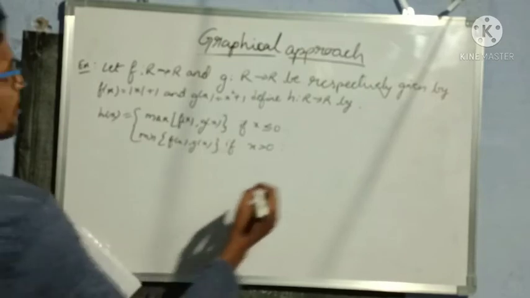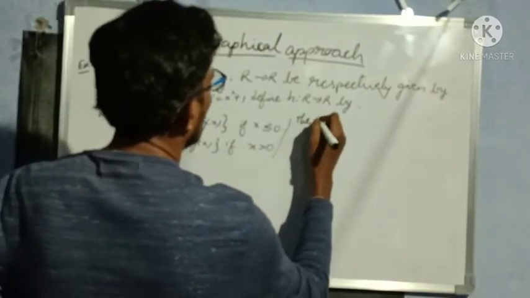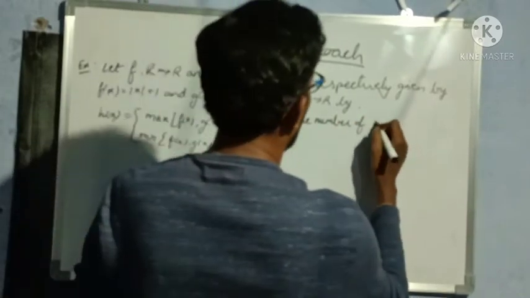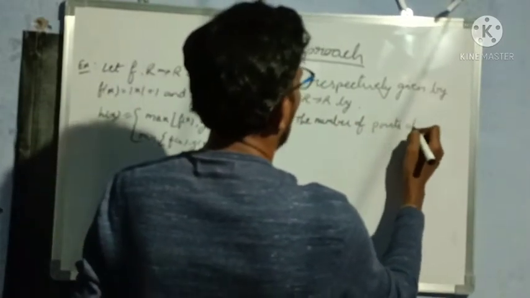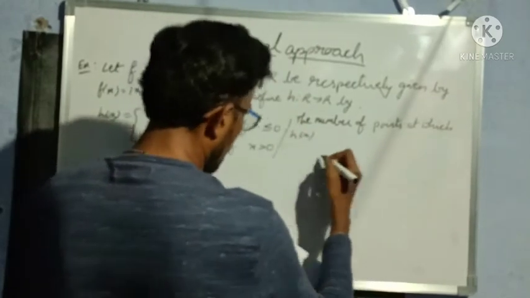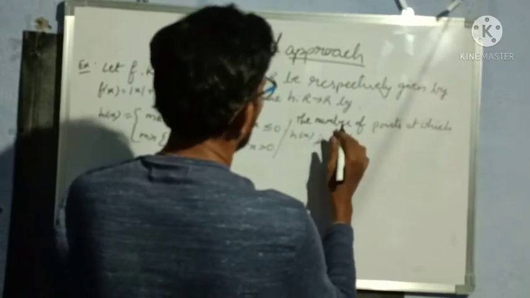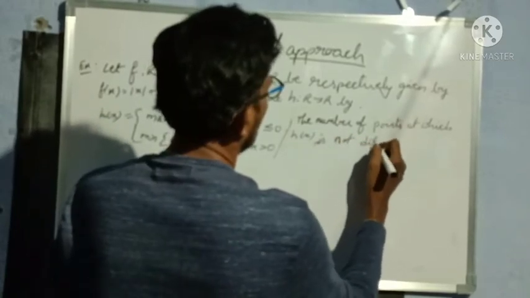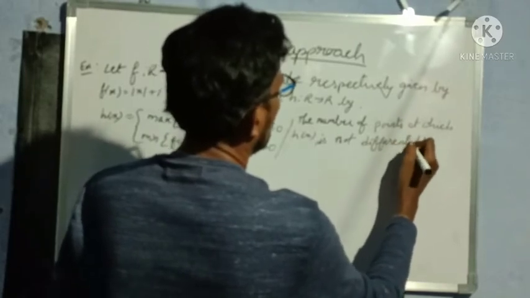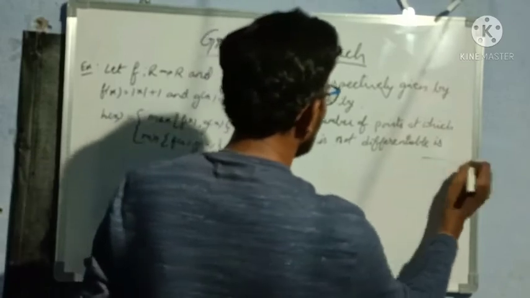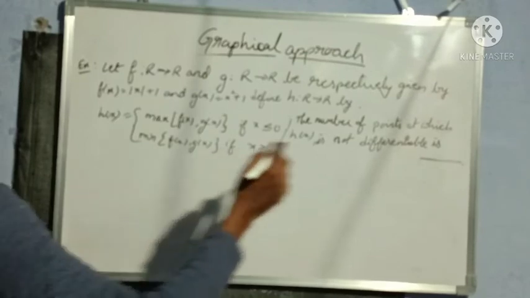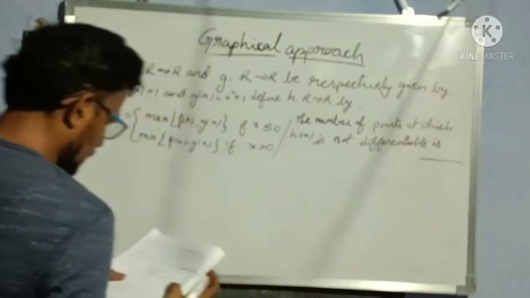Okay, next continuation, the number of points at which h of x is not differentiable is, this is also what we have to find out from the question.